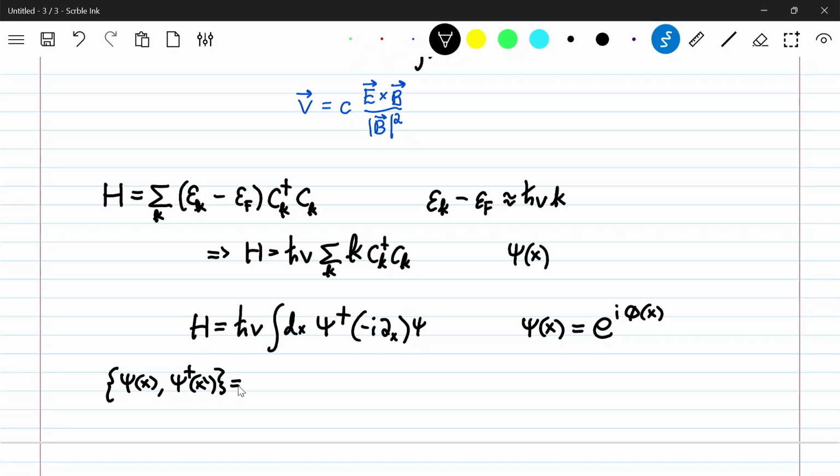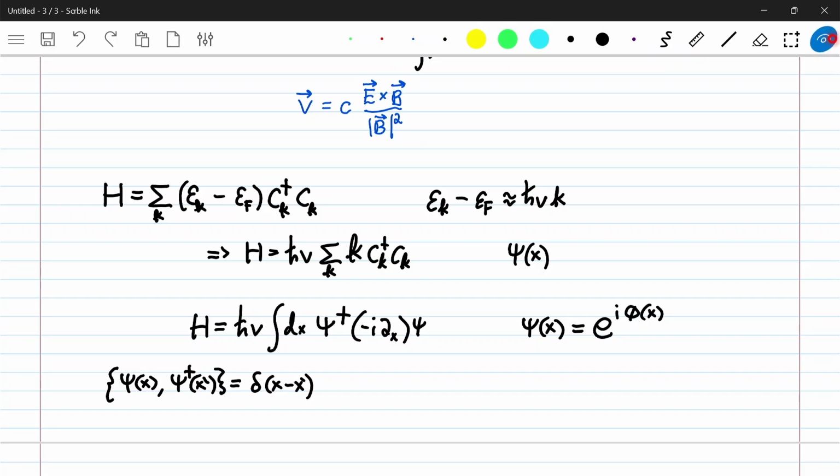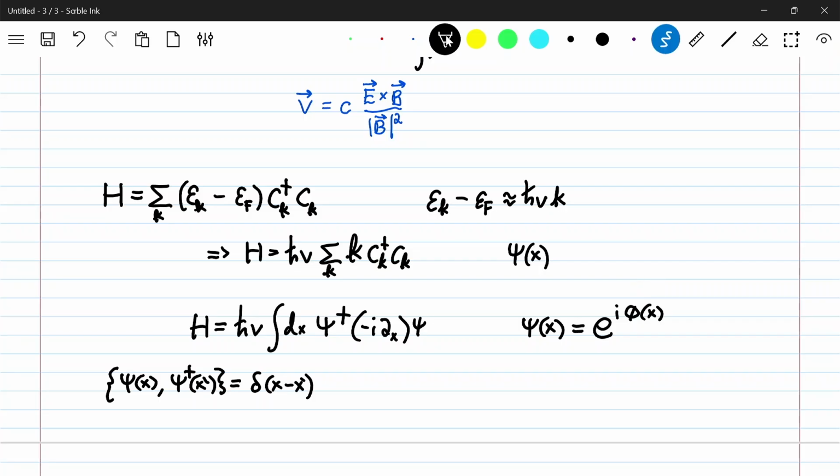So psi and psi dagger have to obey some anti-commutation relation. I hope this is familiar to everybody. So in order for this relation to be enforced, this sets a constraint on the field phi, okay? And I'm not doing any algebra, just telling you the final result.